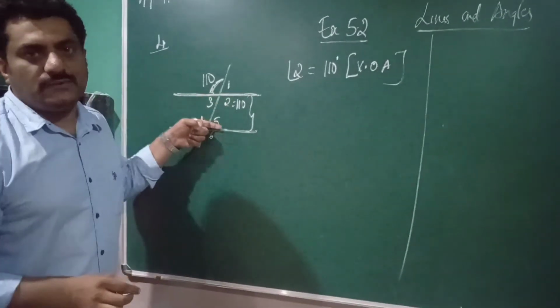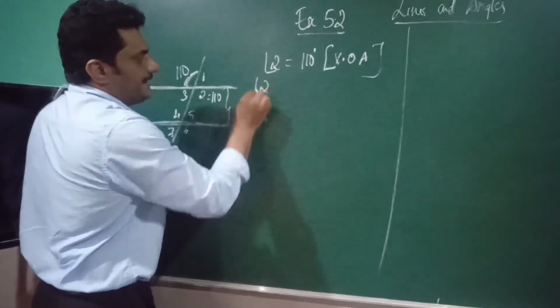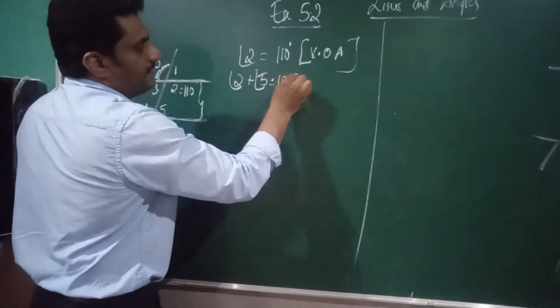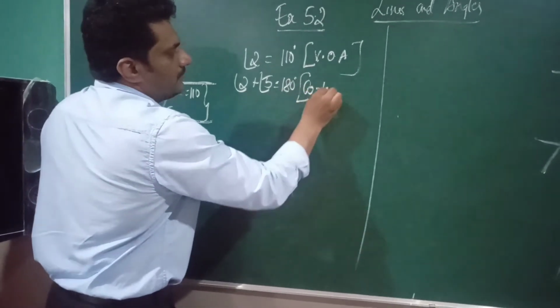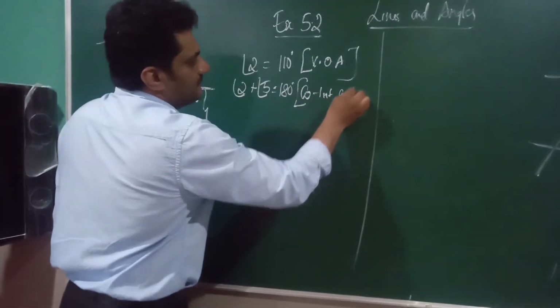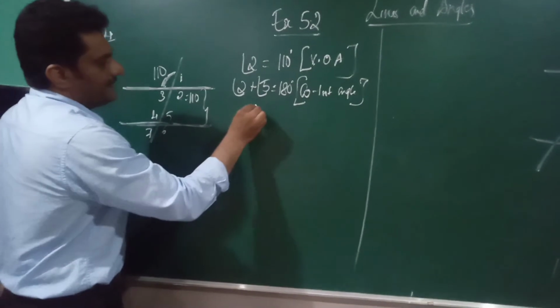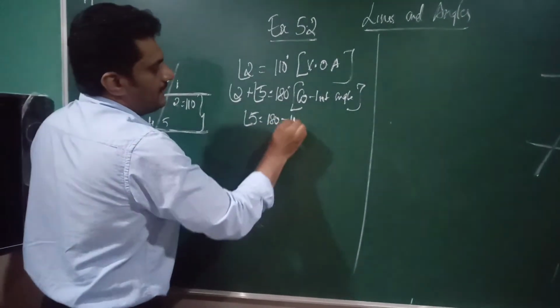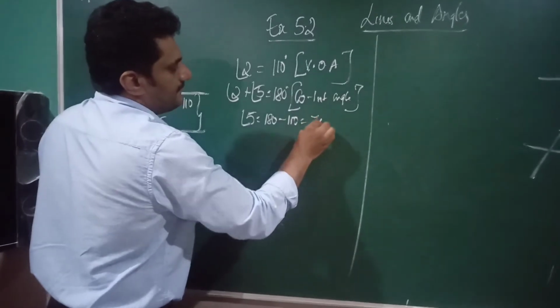Now these two angles, the sum of these two is always 180 degrees. So I can say angle 2 plus angle 5 is equal to 180 degrees by co-interior angles. Therefore, angle 5 is equal to 180 minus 110, that is 70 degrees.